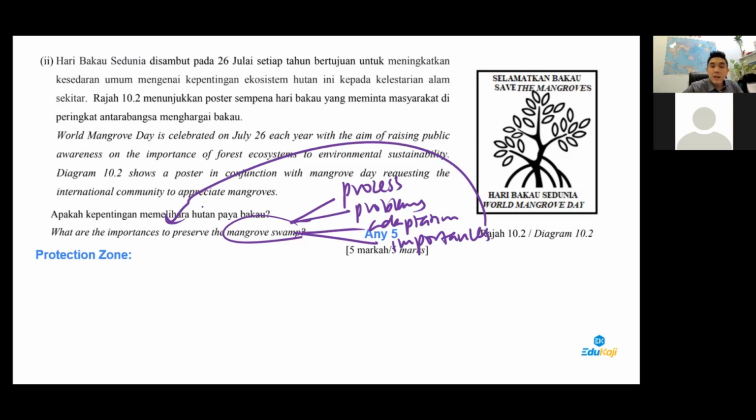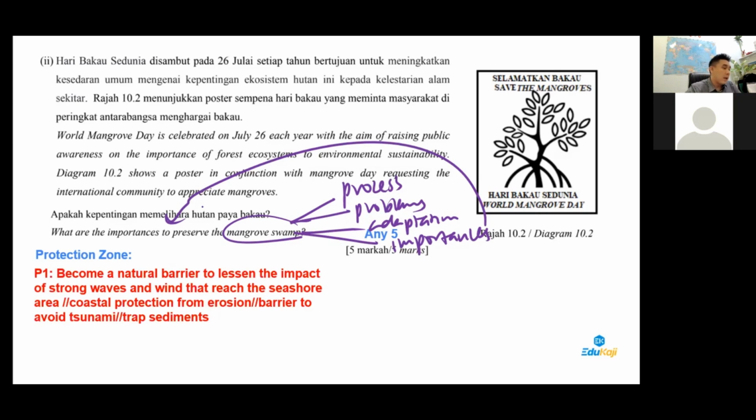Guys, they are a natural habitat for small organisms, natural barrier for, let's say, tsunami, and then they supply wood. Okay, there are many answers. Guys, I will show you all of it. As a protection zone, they are considered a natural barrier.